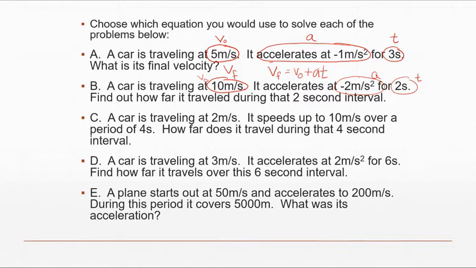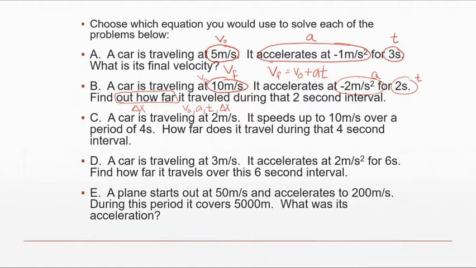Then it says find out how far. That's what we're looking for, so we're looking at our change in x it traveled during the 2 seconds. So we have a v initial, an acceleration, a time, and we're looking for change in x.